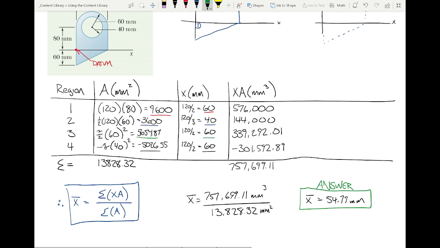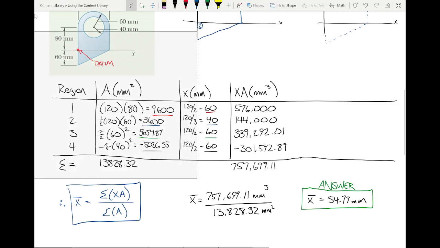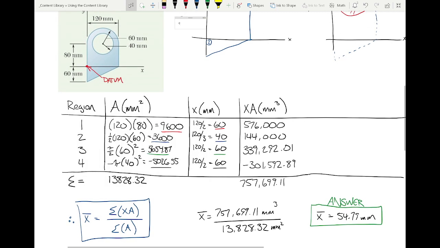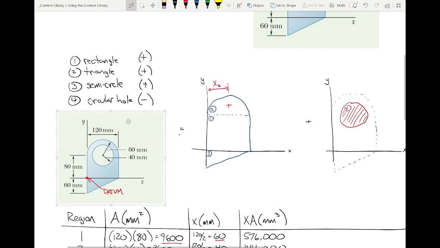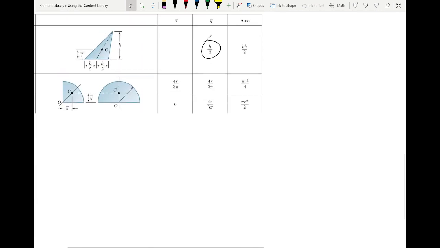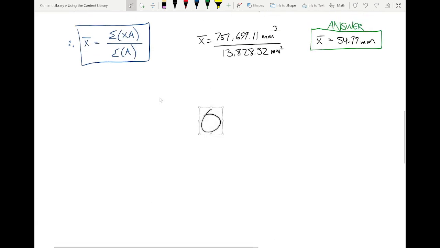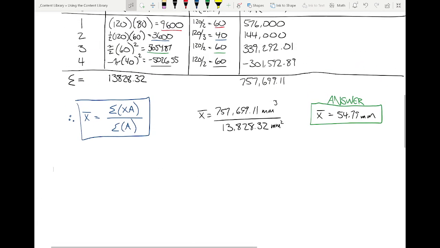Okay, let's do Y-bar. Now I'm going to be a little bit squunched here. So what we're going to do, oh, wait, hold on. Let's just rewrite it. Bear with me.